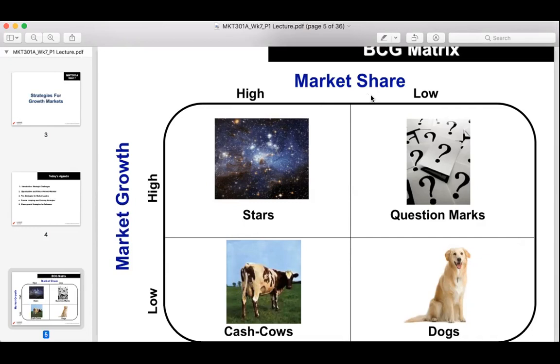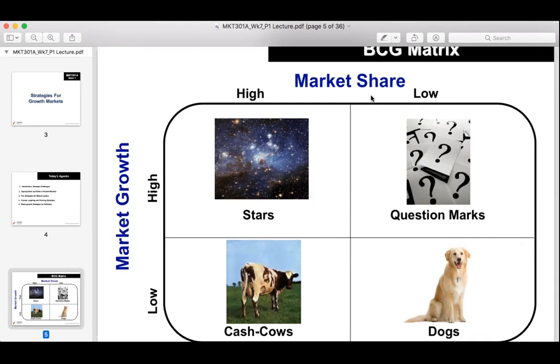The BCG matrix assumes that a brand that has high market share would be profitable. Now guys, let me give you a heads up that not necessarily a brand that has high market share would be profitable. Yes, if you have high market share, that means you have high volume, your operation would be more efficient, because you have higher power over your suppliers, so you can get a better deal with your suppliers.